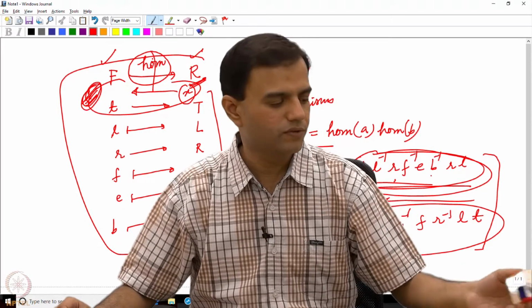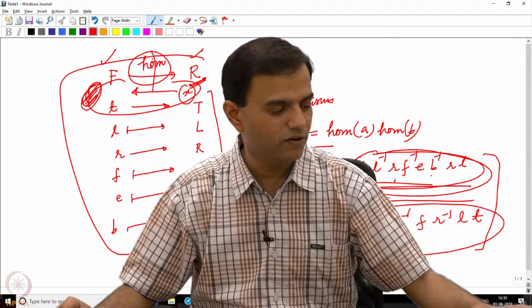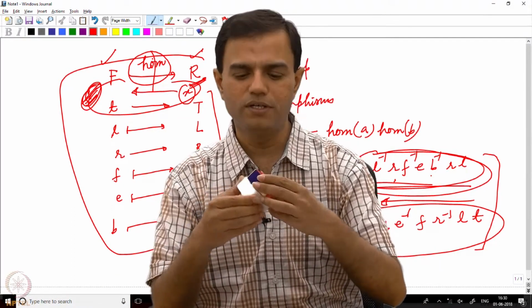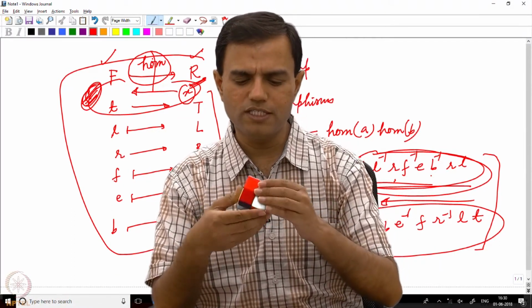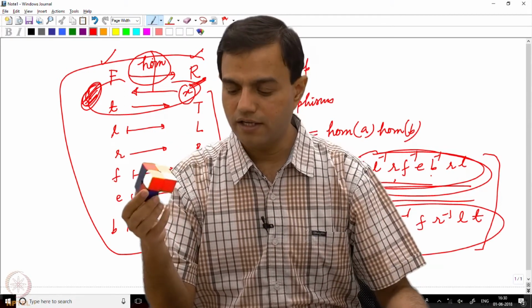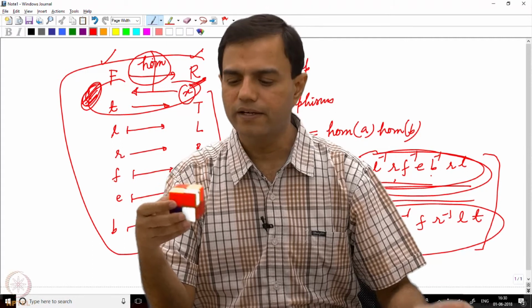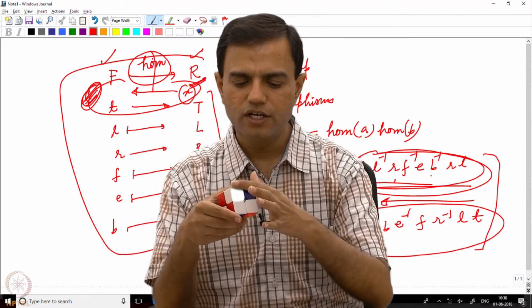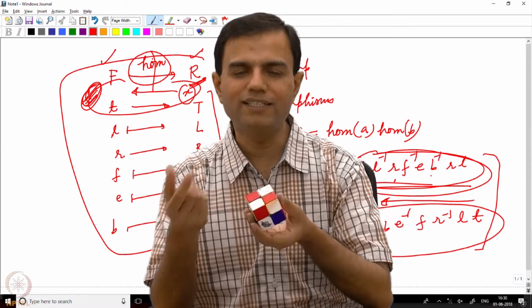Similarly, whatever we did for the 3x3 cube, we can also do for the 2x2 cube, and this time the situation is much simpler. Earlier the group was S48, and this time everything is moving. There are 6 faces, so 4 into 6, which is 24.